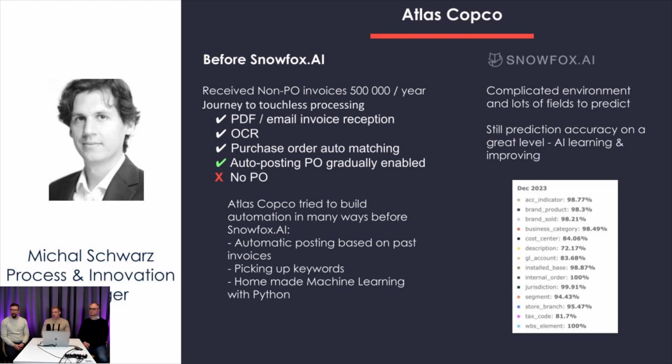As you can imagine, it's a really complicated environment with lots of fields to predict and a lot of countries all over the world. And still, the prediction accuracy is at a great level, and the AI is still learning and improving all the time. You can see a screenshot from their real analytics of their dimensions that we are predicting, more than 10 different items, and the results are really good.